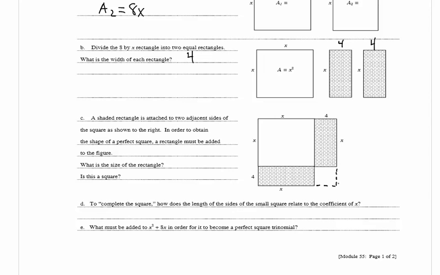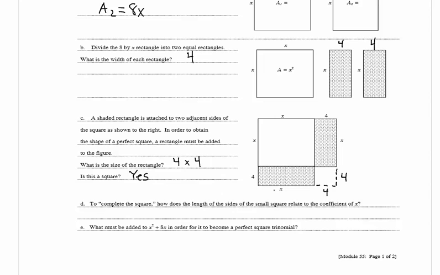Well, the width here in this direction is 4, and we can see that from above. And then over here we can see that it's 4 this way as well. So the size of the rectangle that needed to be added was 4 by 4. And then it asks, is this a square? And the answer is yes, because the length of each side is the same.